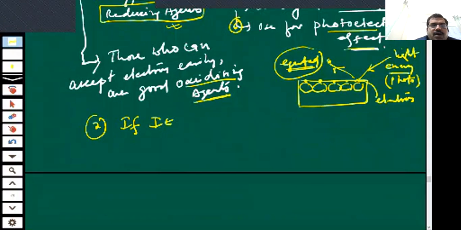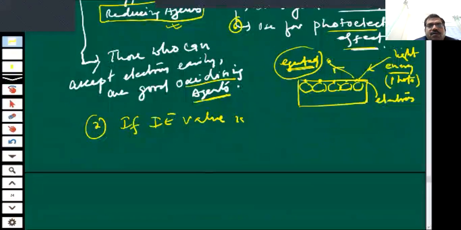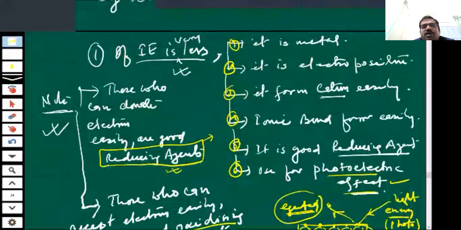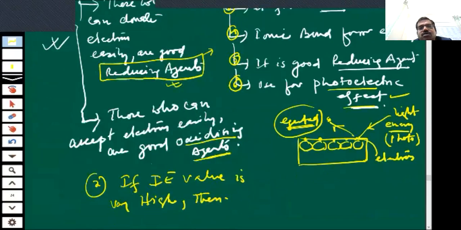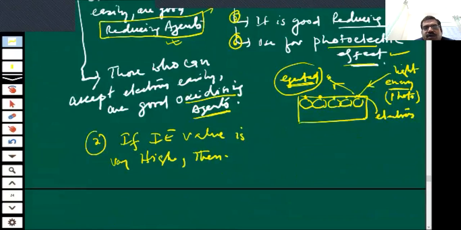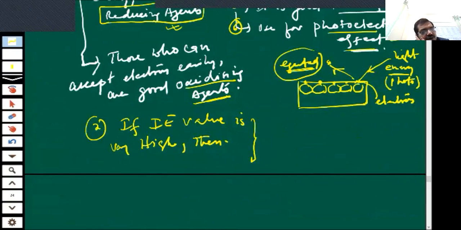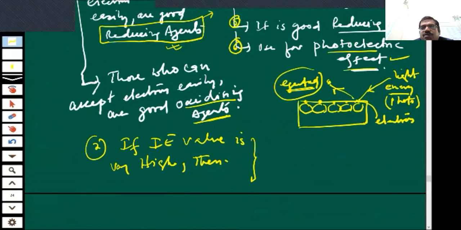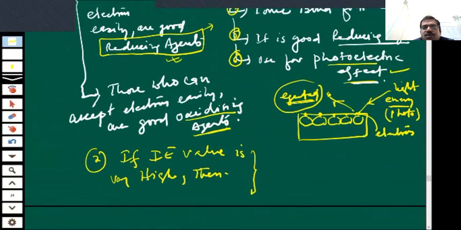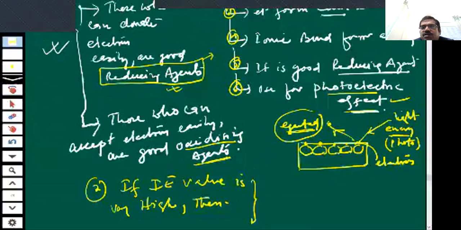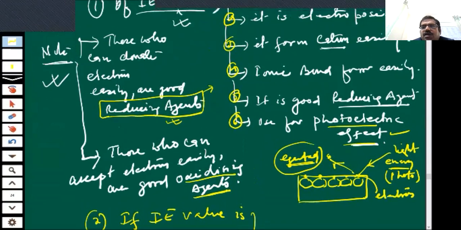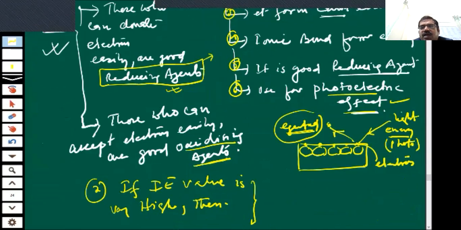If the IE value is very high, then whatever points are written above will be opposite. It cannot be used for the photoelectric effect, cannot be used as a reducing agent, it is electronegative, it is a non-metal. Like this you can write.